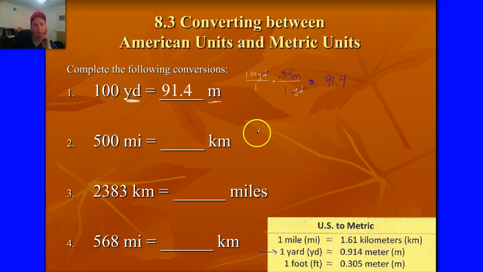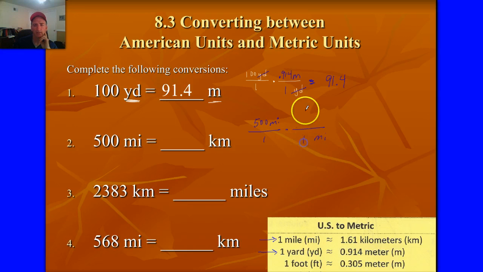How about number 2, 500 miles to kilometers? Okay, we're just going to do the same trick. 500, write down the unit in your fraction, put it over 1. Match miles has to go here so we can cancel it out. Now we look to see if we have miles to kilometers. We do.